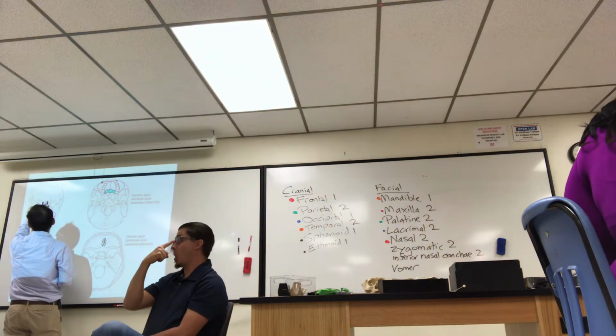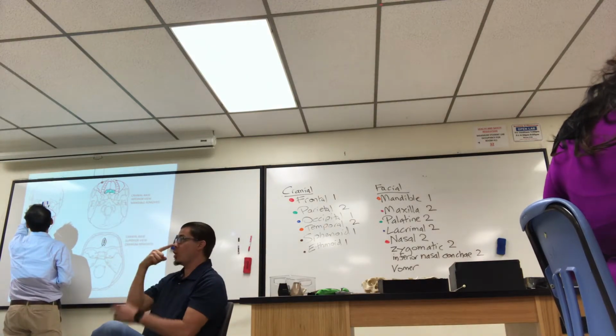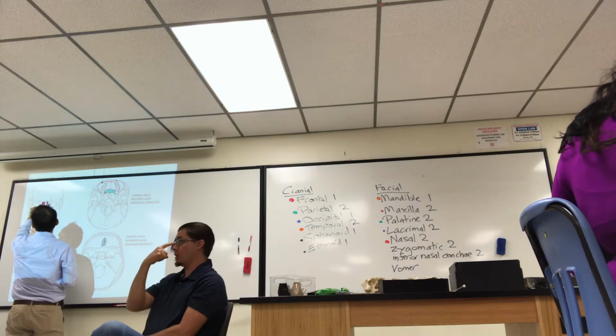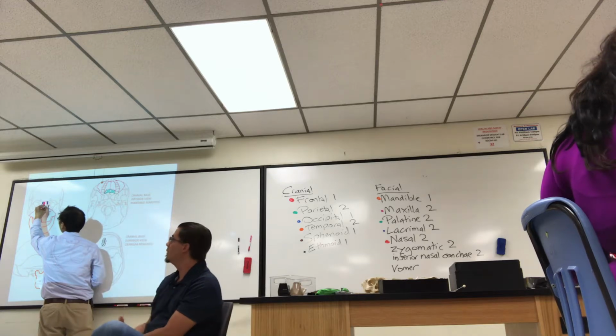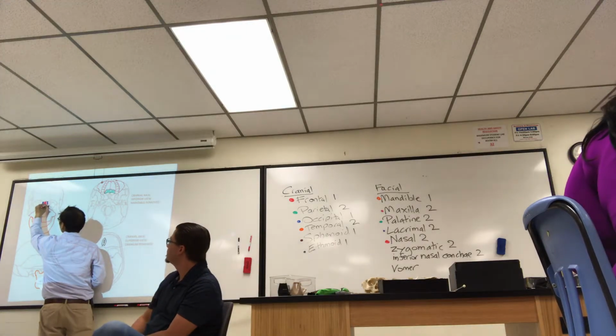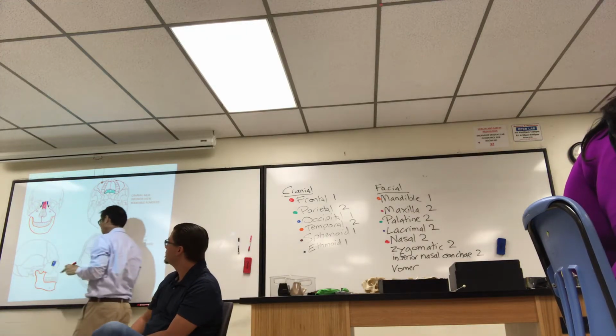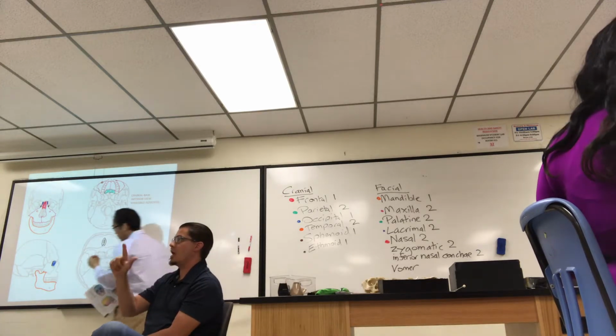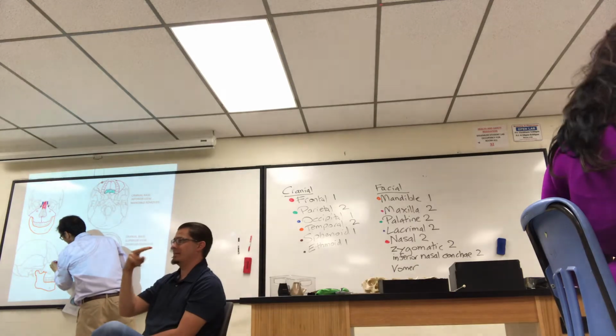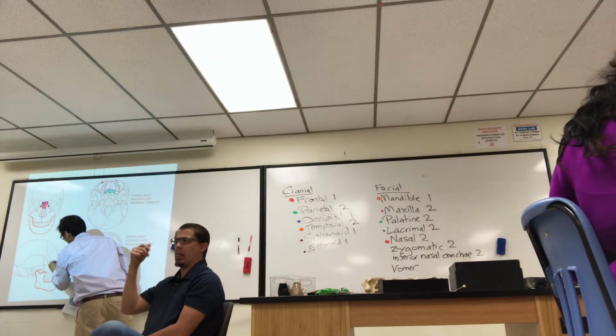So I'll trace right here. Small bone forming the bridge. That's one. And then here's two on the other side. There's the nasal bone from the front, and from the side view, you can see a little bit of one right there.